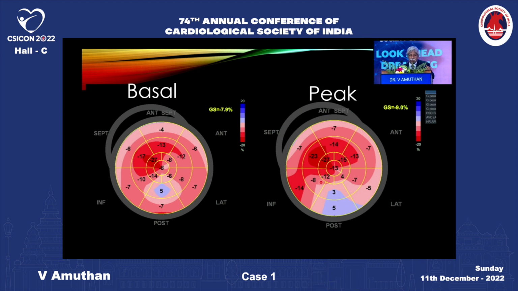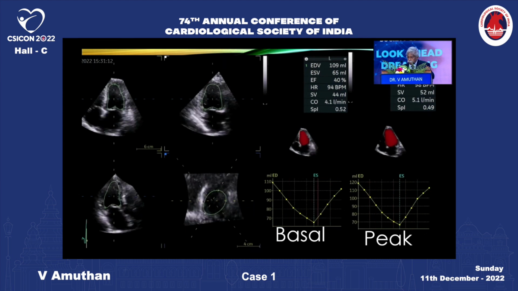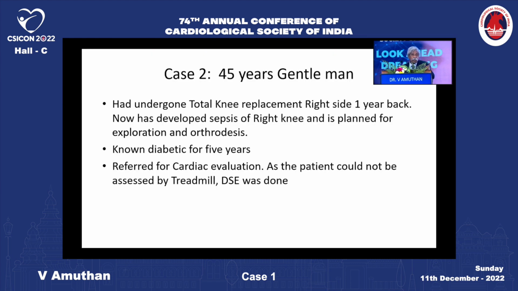So this indicates the patient is positive. And in addition, you can see the ejection fraction. Ejection fraction basally was 40%, and at the peak it was 44%. That is the case of stress strain echocardiography after treadmill exercise.